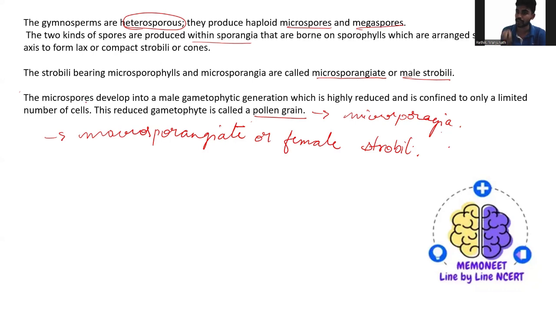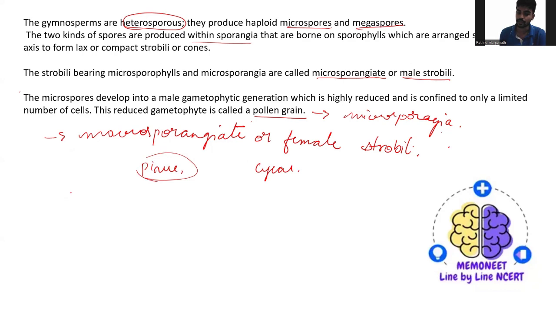The male or the female cones, or strobili, may be on the same tree, or else they might be on different trees. For the same tree, you'll see this in Pinus, like the picture which I have shown you before, where both male and female are present. However, if you take cycas as an example, male cones will be on a different plant, or a different tree itself, from the female cones.